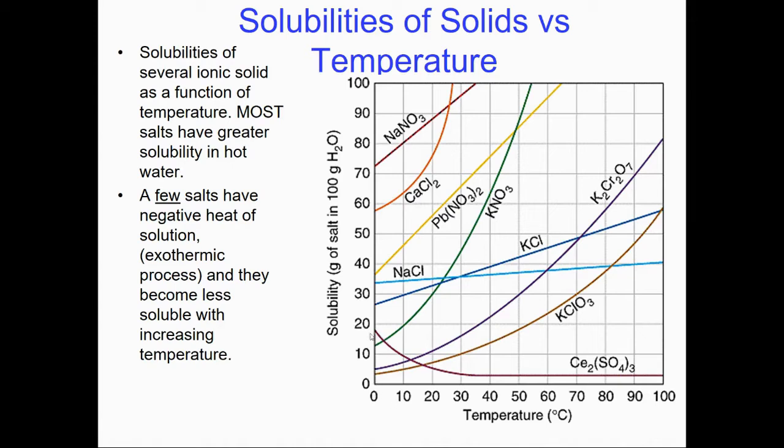So at 0 degrees Celsius, it's got a solubility of about 18 grams of Ce2(SO4)3. But if you go to maybe 70 degrees, instead of 18 grams being soluble, you're probably at around 5. No, probably less, like 3. Okay? So just be aware, you have to use the graph given to you.